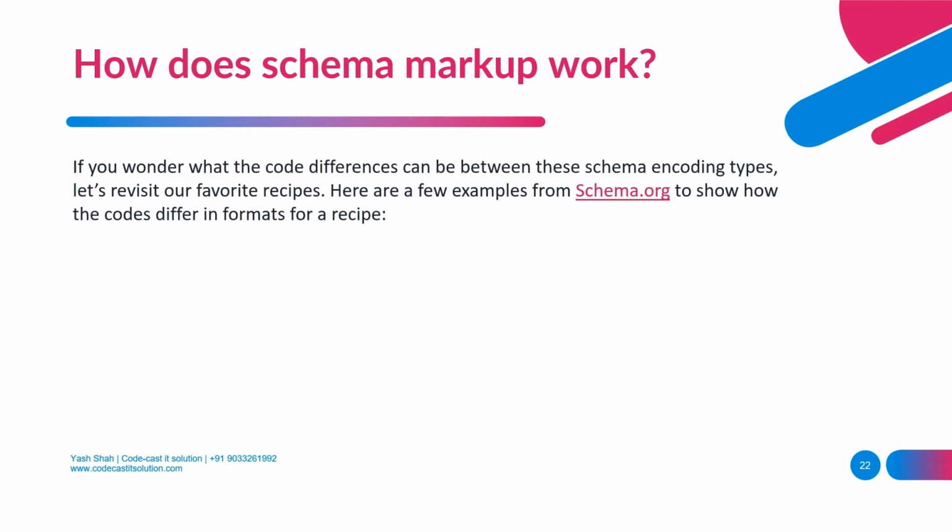If you wonder what the code differences can be between these schema encoding types, let's revisit our favorite recipes. Here are a few examples from schema.org to show how the codes differ in formats for a recipe.